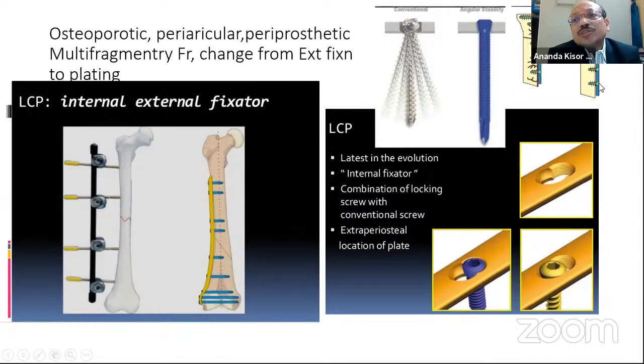Once all the screws are used in locking fashion, the weight-bearing load is equally distributed in all screws, so it provides excellent stability. So two points: first is the angular stability, and the angular stability of the screws provides the axial stability. That is the most important. In that sense, if we fix like this, the fracture gap is kept.